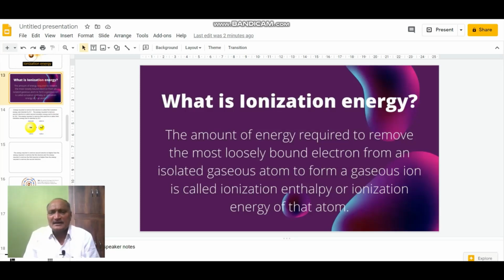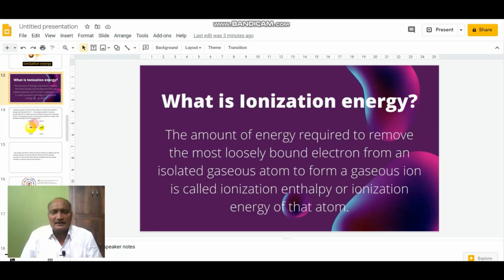It is the energy required to remove the most loosely bonded electron, the one revolving in the valence shell, from an isolated gaseous atom to form a gaseous ion.